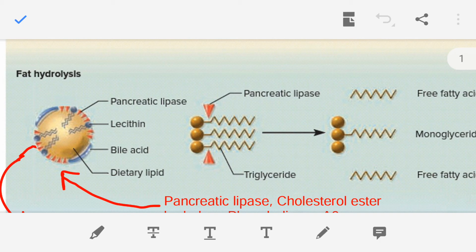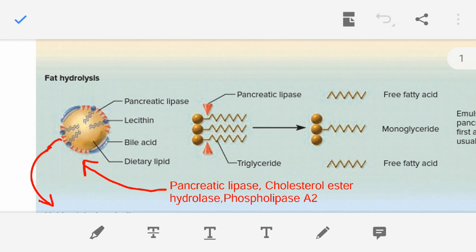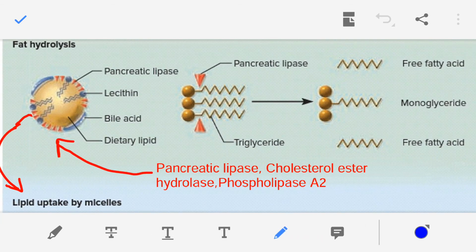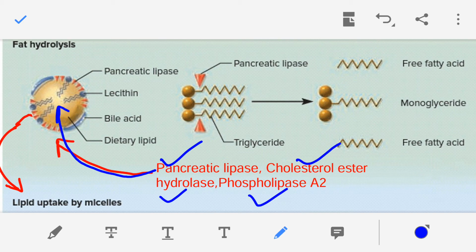Now, once the bile acid are removed, these enzymes, pancreatic lipase, cholesterol ester hydrolase, and phospholipase A2, act on this core lipid.